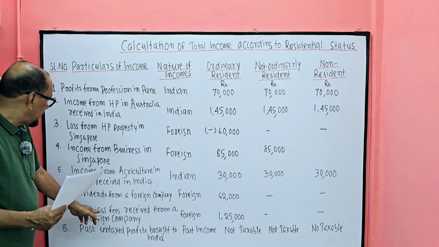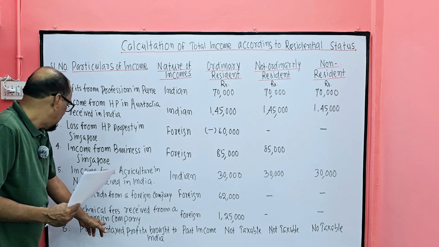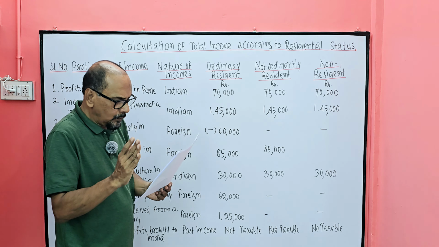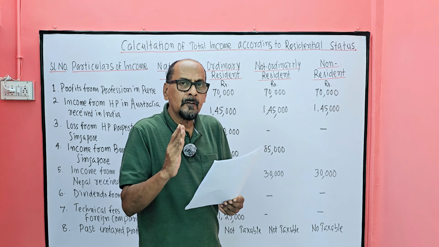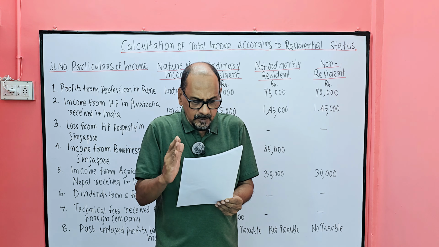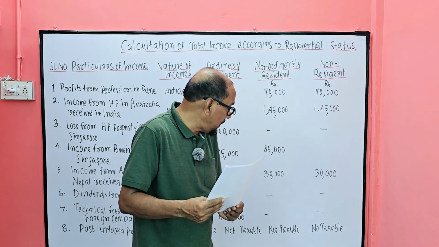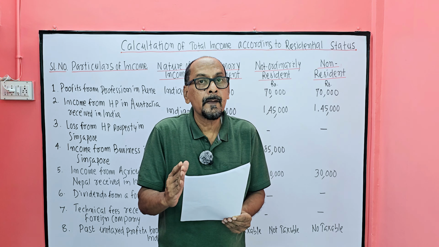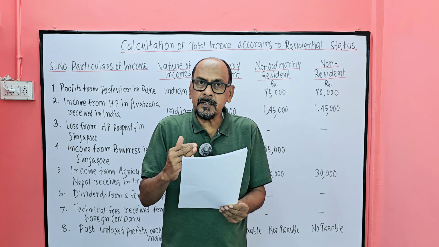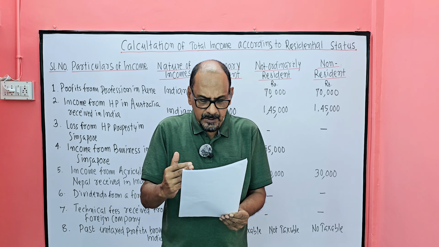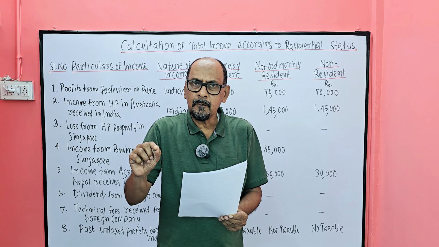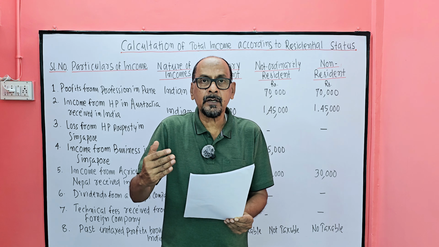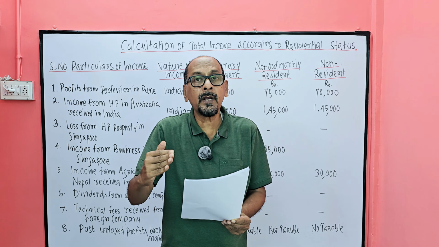And another thing, technical fees received from a foreign company. Next one, technical fees received outside India from a foreign company for technical services provided for a project in Hong Kong. It will mean that it's a foreign income.